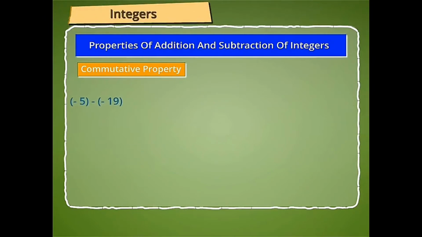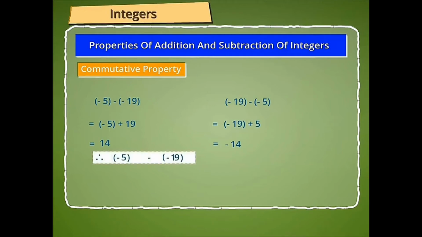Again, minus 5 minus minus 19 is equal to minus 5 plus 19, which is equal to 14, and minus 19 minus minus 5 is equal to minus 19 plus 5, that is equal to minus 14.